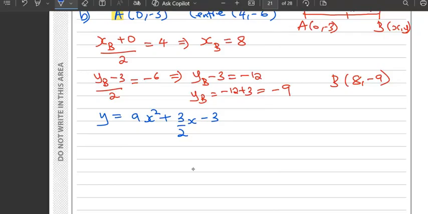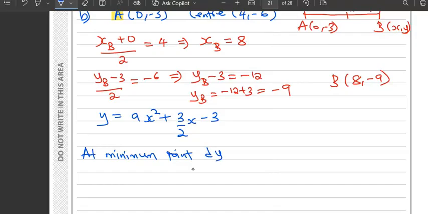Now we know that at the minimum point, because B is of course the minimum point, the gradient function is equivalent to 0.